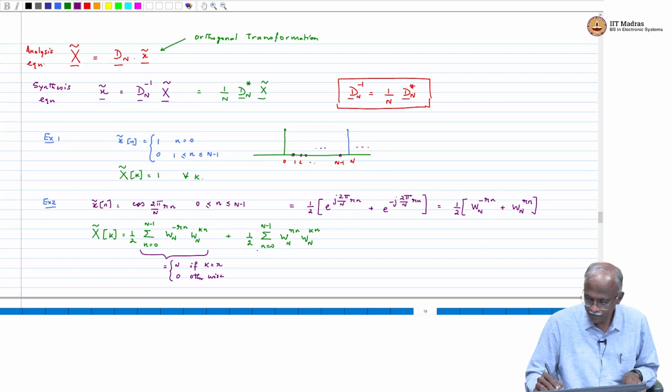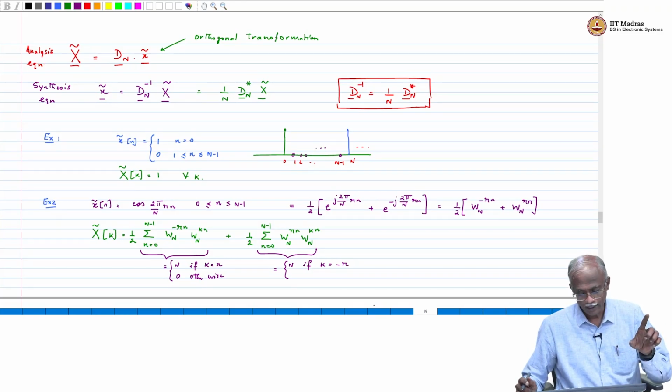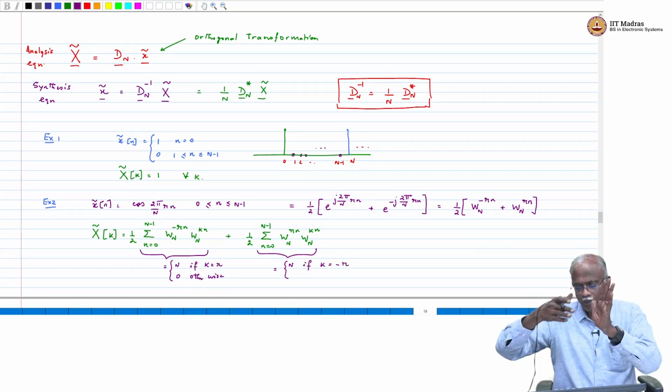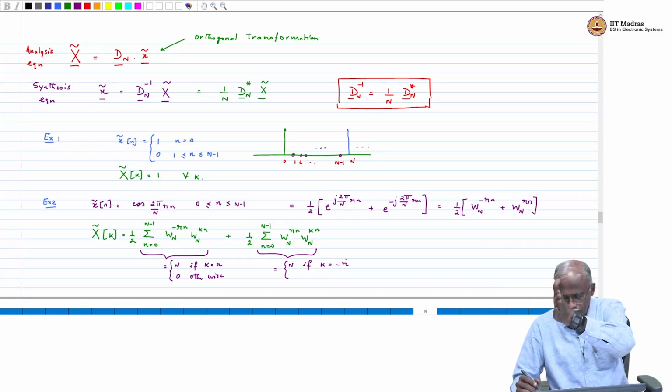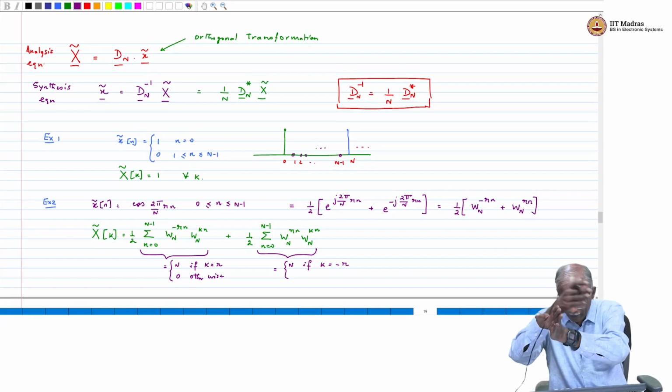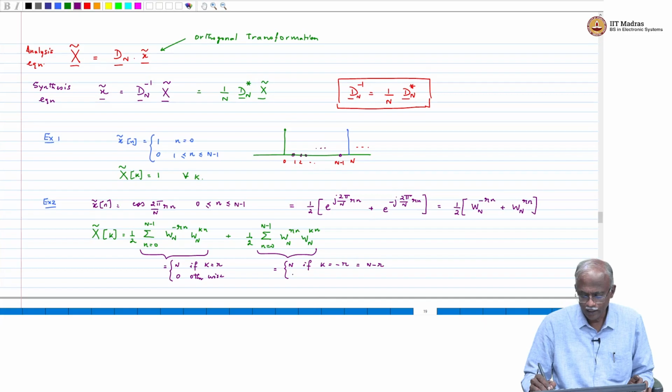Now this term will also be equal to N, but with a different condition: if k equal to minus r. Notice that these complex exponentials have period equal to N. So the sinusoid with frequency minus r can be written as N minus r, and will be 0 otherwise.